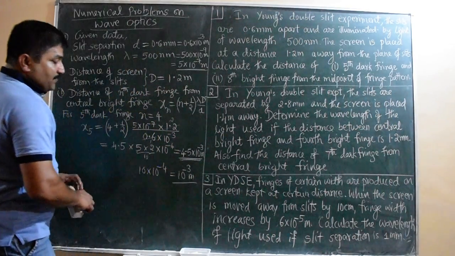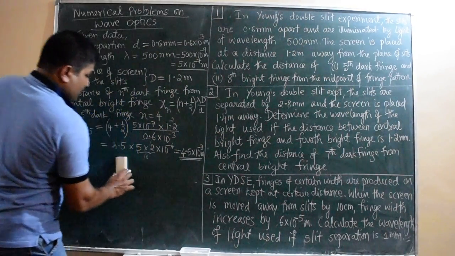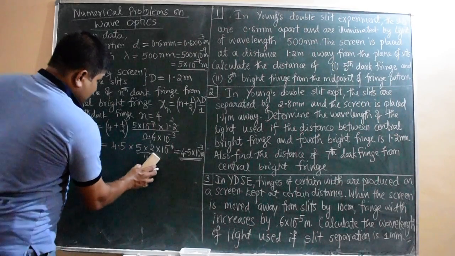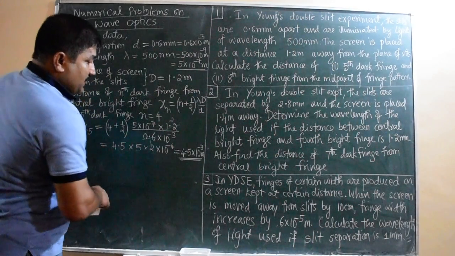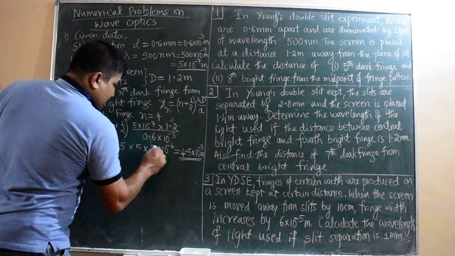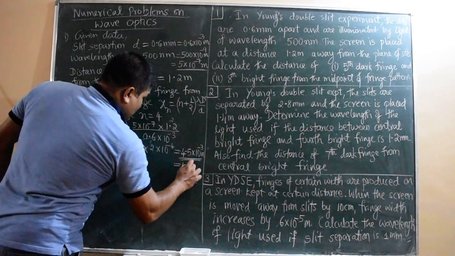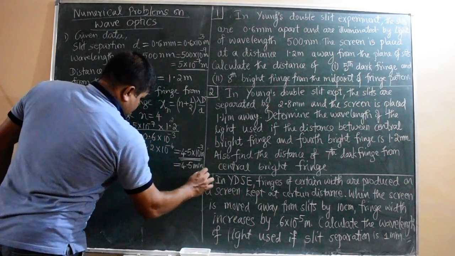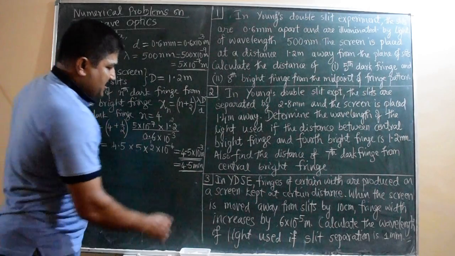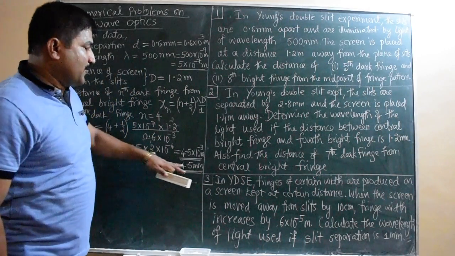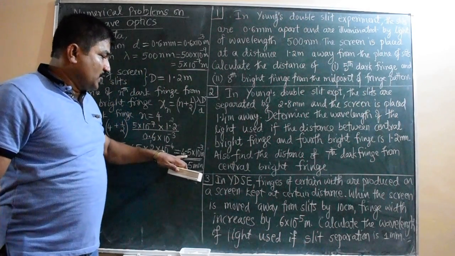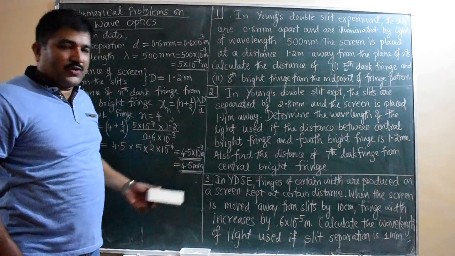So this is the required number for this first part. The answer is 4.5 into 10 power minus 3 meter, or we can also write 4.5 millimeter. Not compulsory, but you can write it shortly as 4.5 mm. So 4.5 into 10 power minus 3 meter is fine.